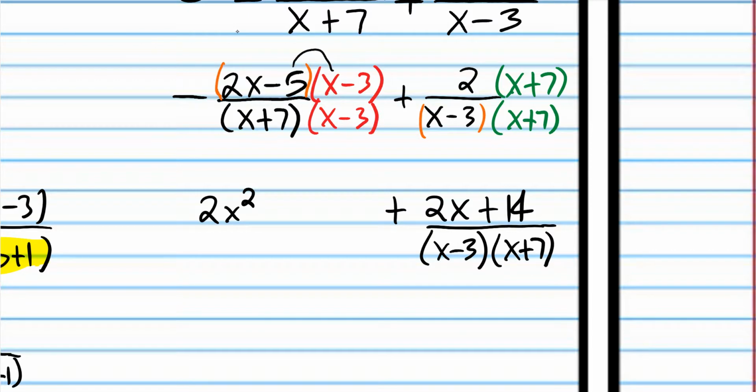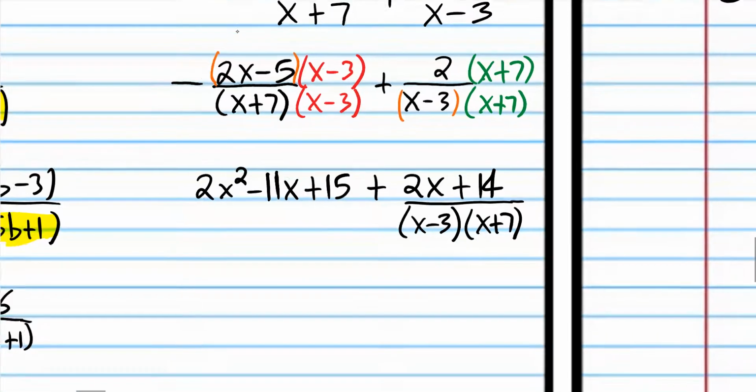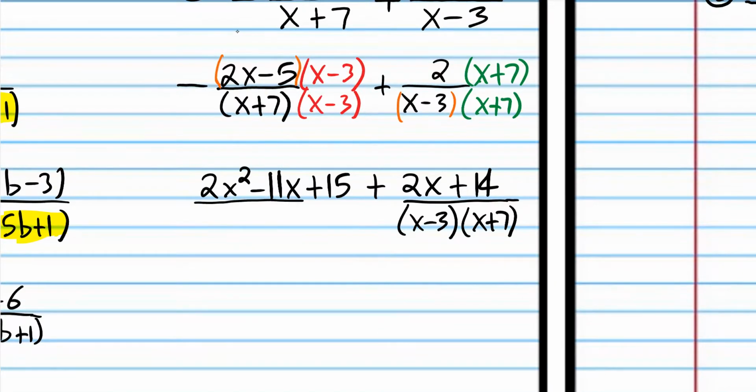Negative 5 times x is negative 5x. So negative 6x plus negative 5x is negative 11x. That's going to make it to where we can jump through this much quicker without having to rewrite a bunch of stuff. Negative 5 times negative 3 is positive 15. So we did F, O, I, and L of FOIL. We just added the O and the I terms together, so we don't have to rewrite all this stuff.